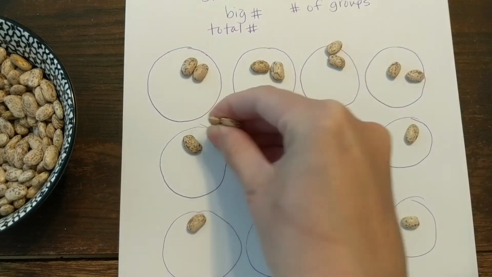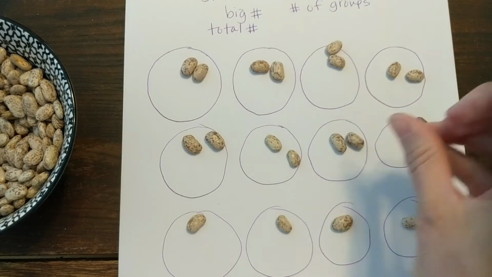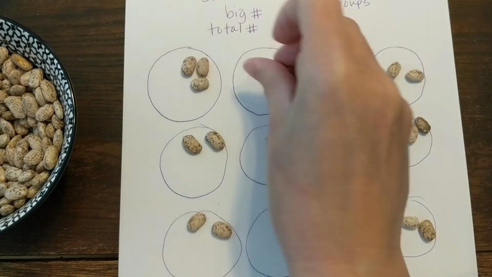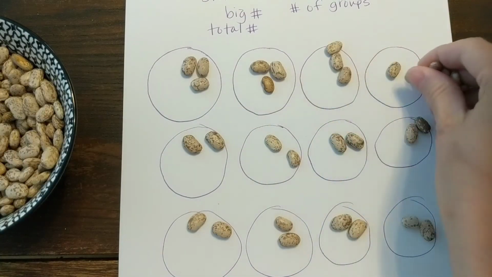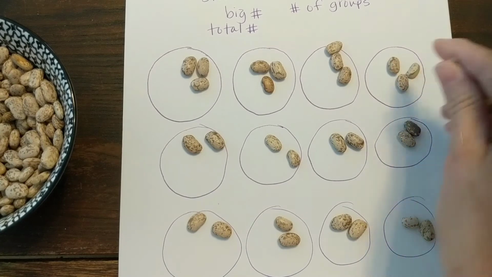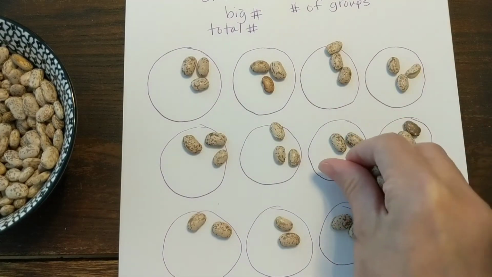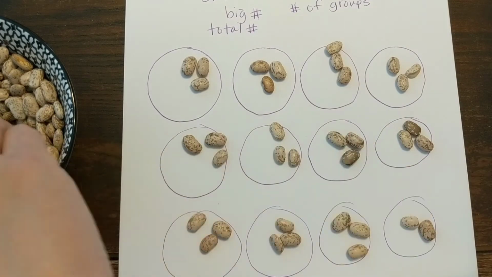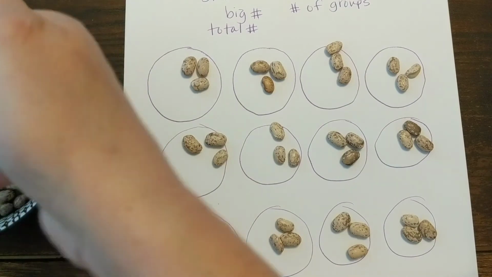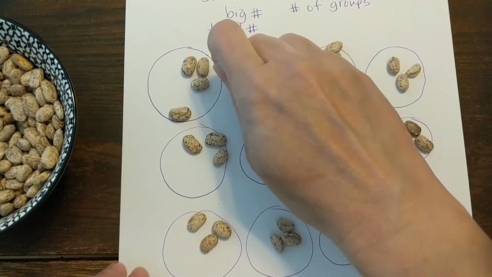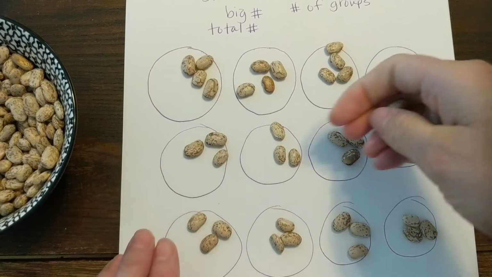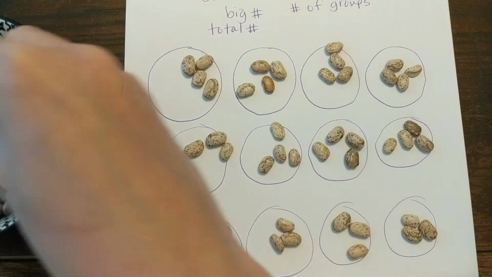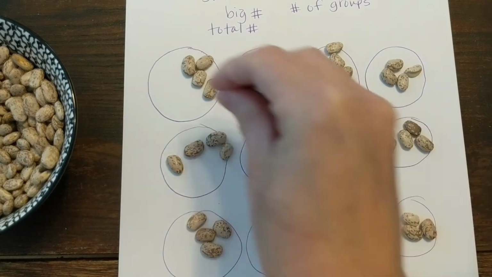16, 17, 18, 19, 20, 21, 22, 23, 24, 25, 26, 27, 28, 29, 30, 31, 32. Make sure you have the same amount in each one. 33, 34, 35, 36. I wish I could speed this up. 37 up through 50.